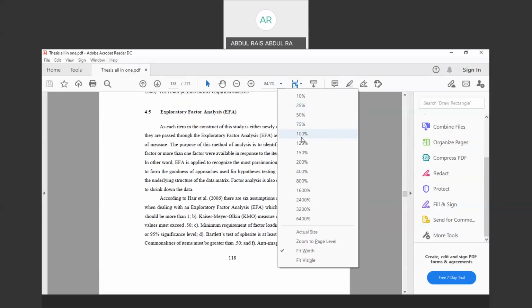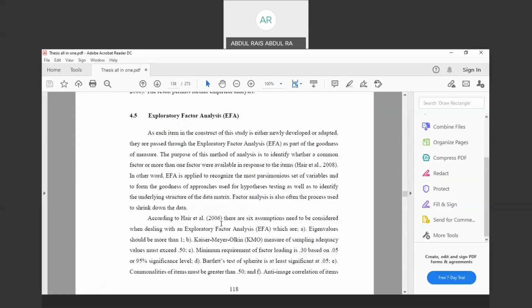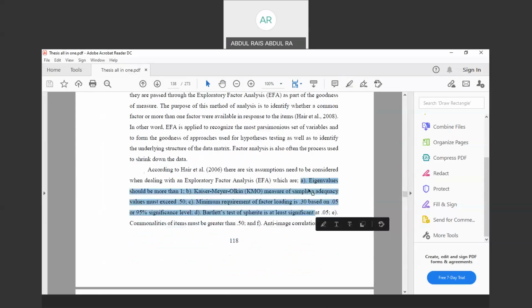If you look at this, right up in the second paragraph, these are basically the six assumptions or thresholds that must be met when you do an EFA. First of all, you need to look at the eigenvalue. It should be more than 1. Second is the Kaiser-Meyer-Olkin, which measures sampling adequacy, and it must exceed 0.5.